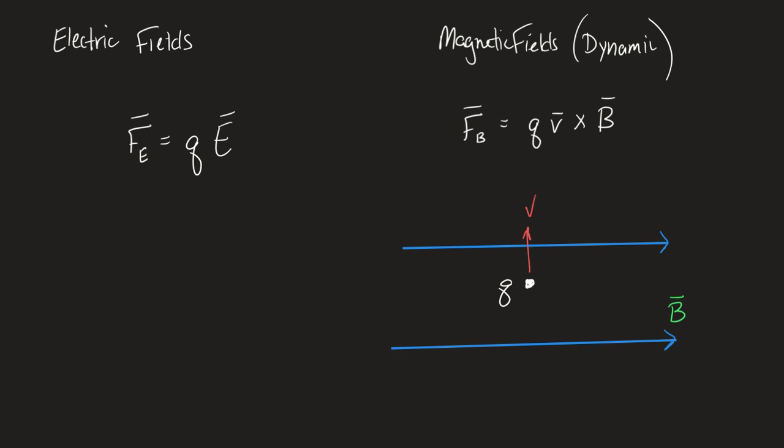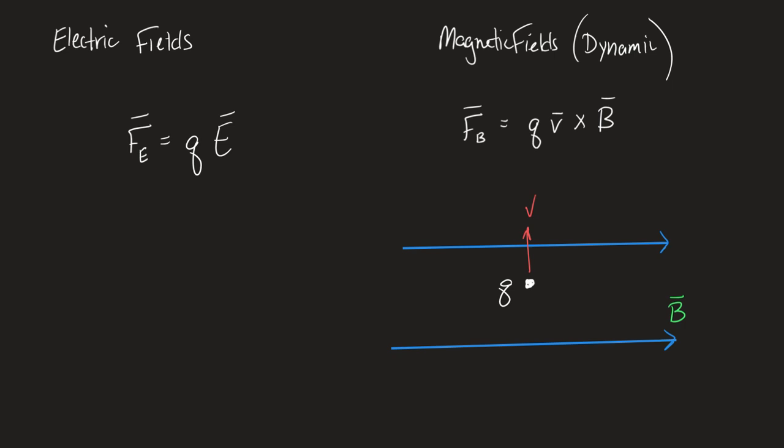So, this suggests that this object experiences a force, but the force is perpendicular to the plane of the board, right? It's into the board. You guys see that, right?